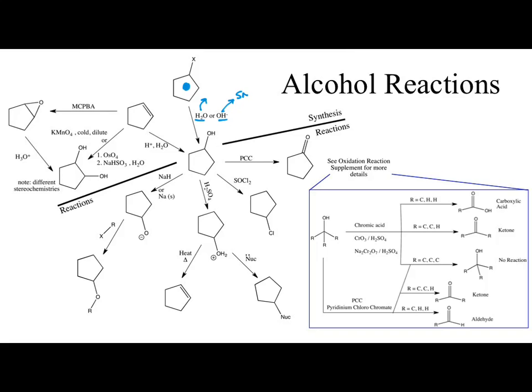How do you know that one's SN2? Because it's strong. Water is weak, so we're looking at SN1. We could also start with an alkene. Okay, what can we do with alkenes? Can react them with an acid followed by our nucleophile of water to generate our alcohol. In what type of a reaction?